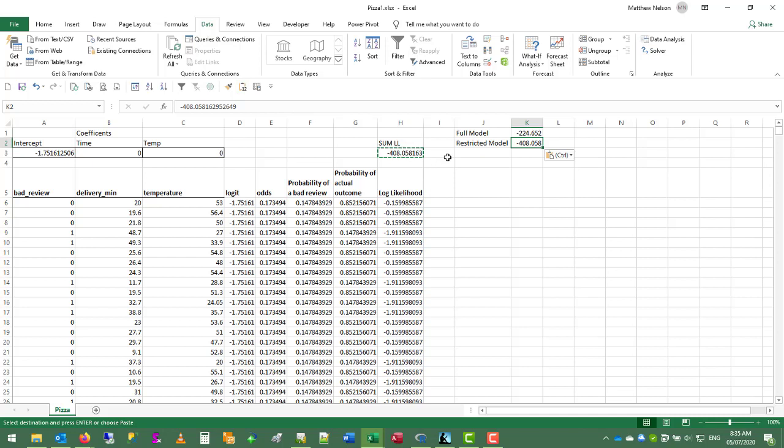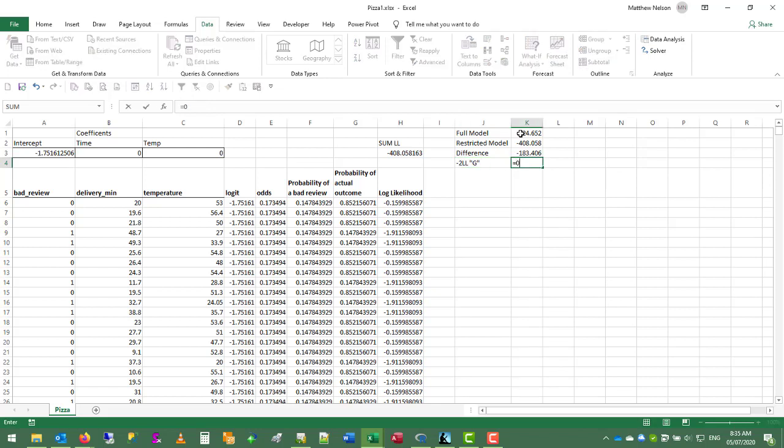Now, to test statistical significance, we can't check this directly. It turns out that we need to take, first of all, the difference or the deviance between the restricted model and the full model, and then multiply by negative 2, which gives us the value G as it's known.